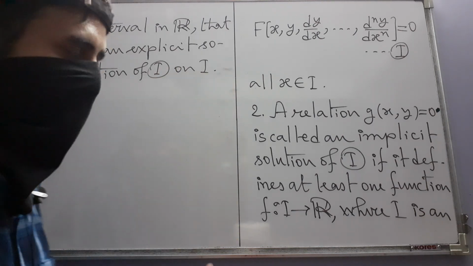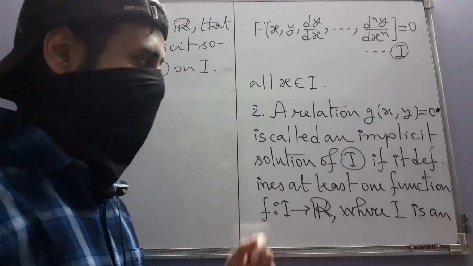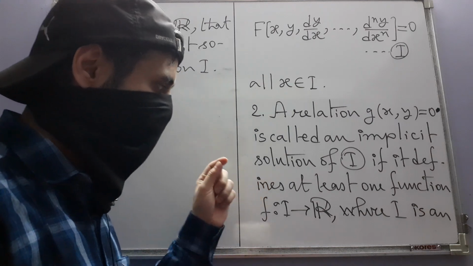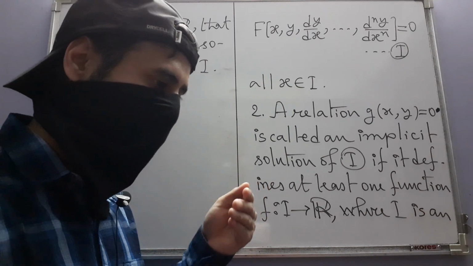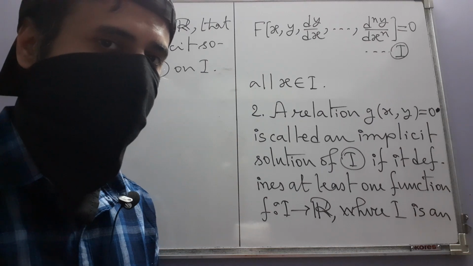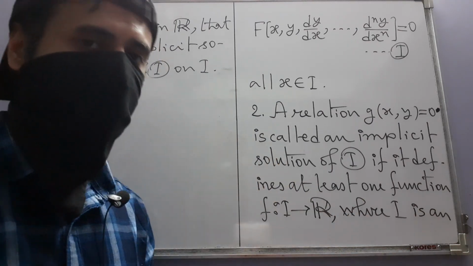Okay, it's understood what this means and what this means. Explicit means you say something explicitly, if you say everything about it, clearly, directly. Implicit means something is hidden.